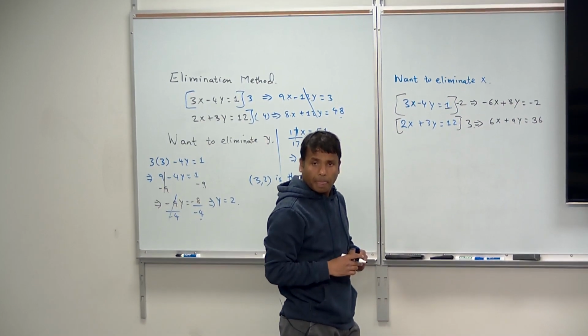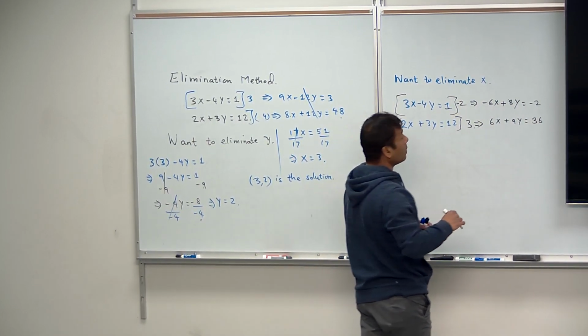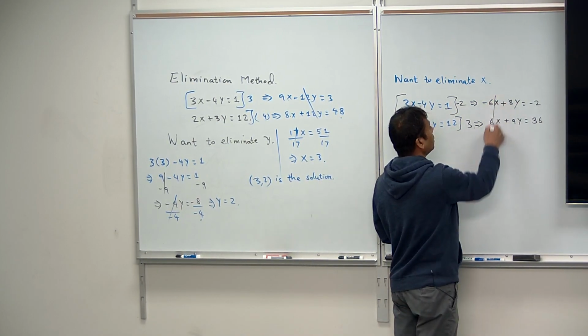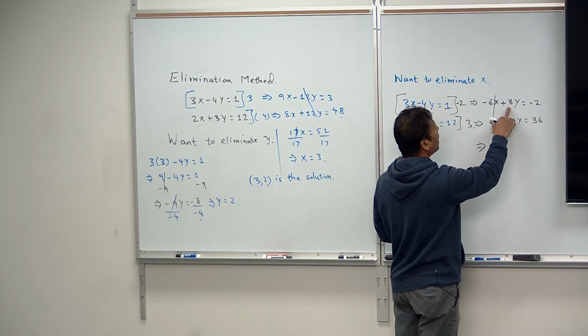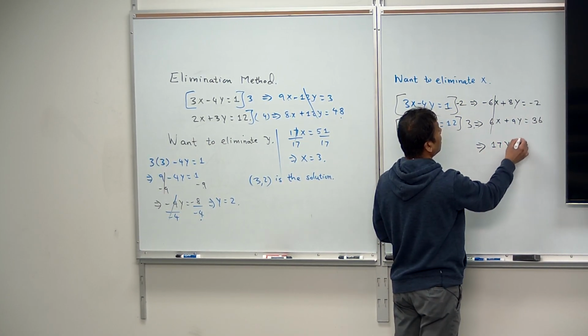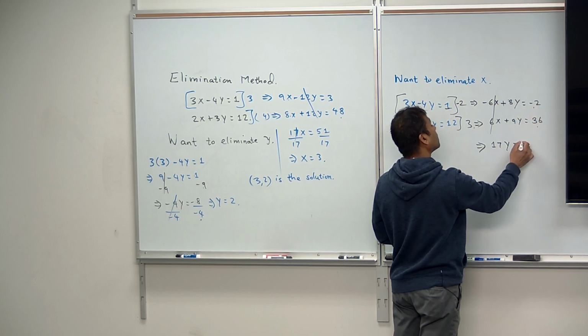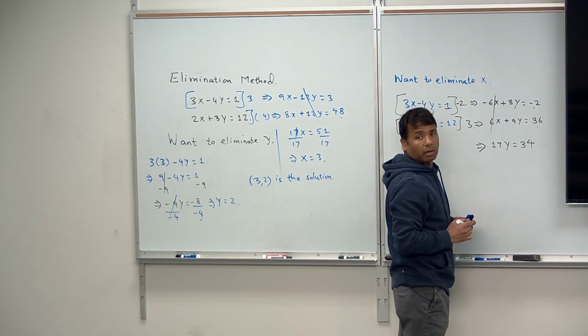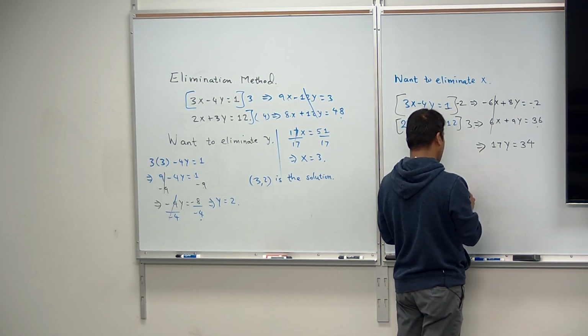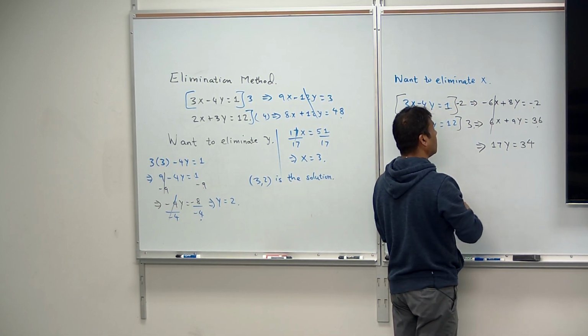Make sense? Now, if you look here, this is negative 6x and this is positive 6x. You can cross them out and that will give you 8y plus 9y. What is this? 17y equal to negative 2 plus 36, which is what? 34. Right?